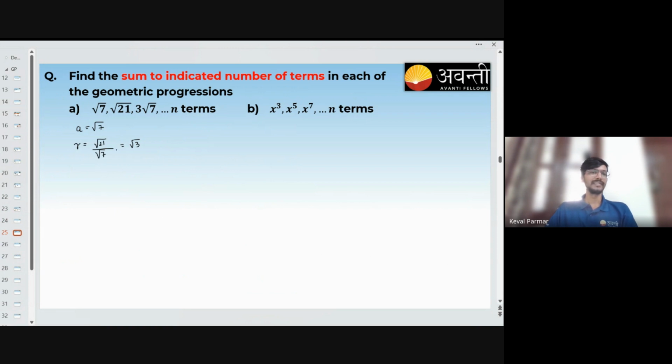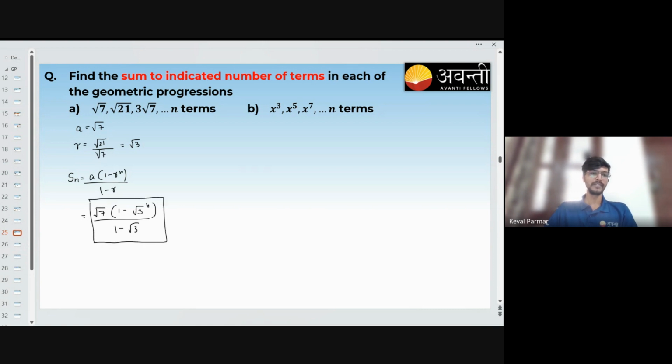Correct? So we have r, we have a. What will be Sn? Sn will be the formula a into 1 minus r raised to n upon 1 minus r. Just substitute the values. So root 7 into 1 minus root 3 raised to n upon 1 minus root 3. Simple. This is my answer.